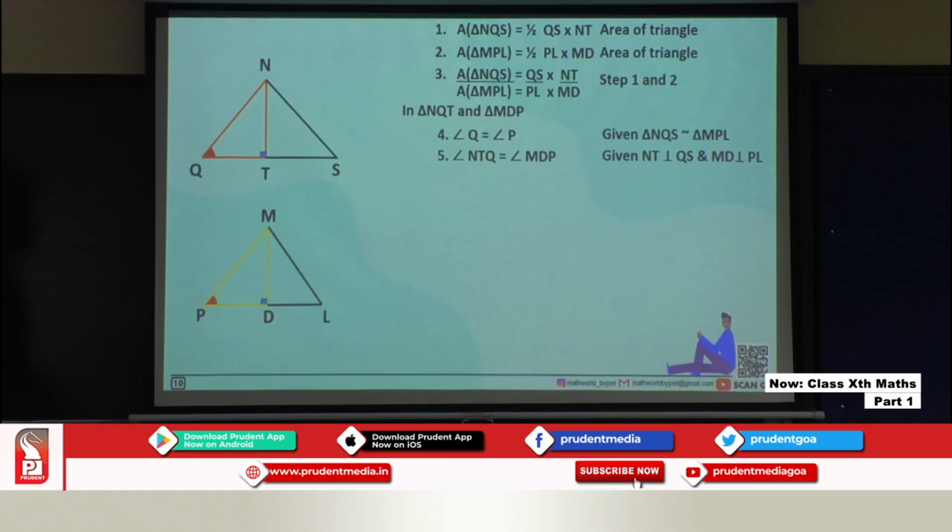And reason would be what I have told: NT is perpendicular to QS and MD is perpendicular to PL. Okay. Now, based on these steps, the 4th one and the 5th one, where 2 angles of one triangle are equal to 2 angles of the other triangle, I can say that triangle NTQ is similar to triangle MDP by AA similarity test.